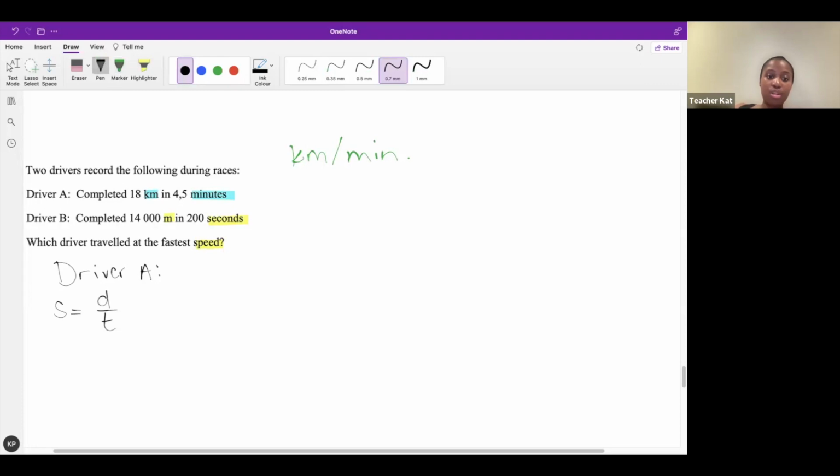So the first one is already in kilometers per minute, so it's fine. I'm just going to substitute it here. So it's going to be 18 divided by 4,5. And that gives us what as a speed? What is that as speed? 18 divided by 4,5.